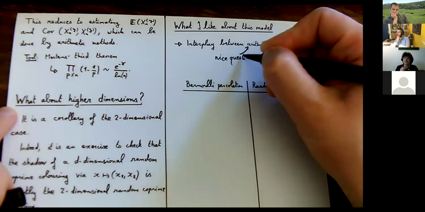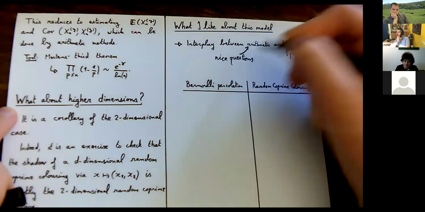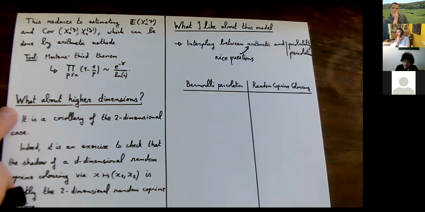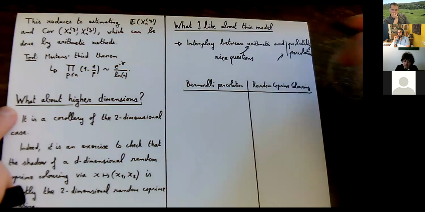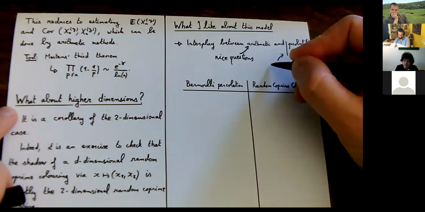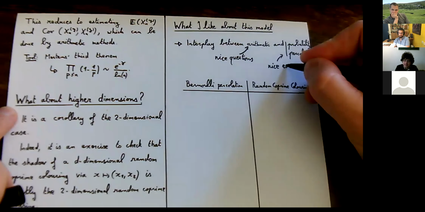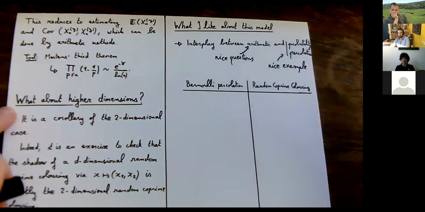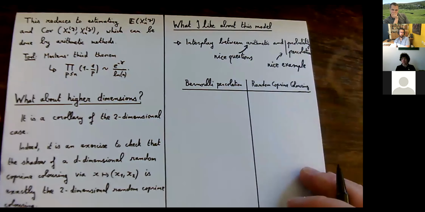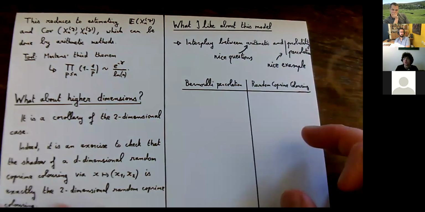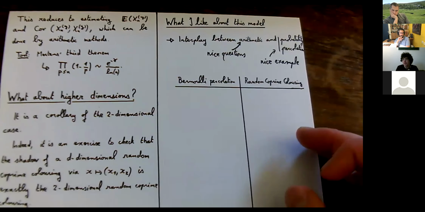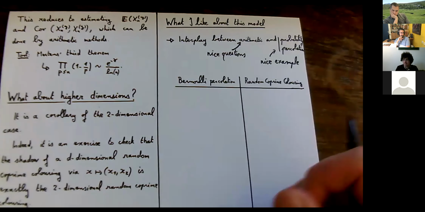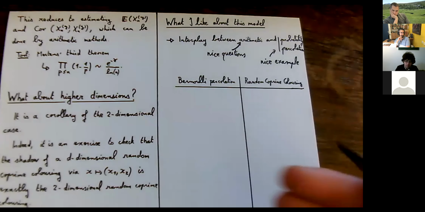So not solving old questions, but giving nice, interesting questions. As for the percolation aspects, it gives a nice example of percolation process with funny properties, which is interesting in its own sake and also interesting for theory building. If we want to have a nice theory, it's good to have nice examples to test it against.